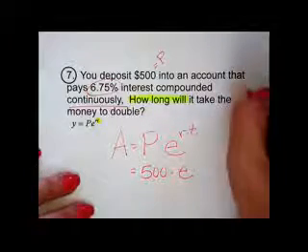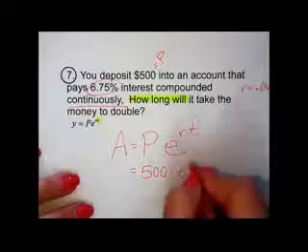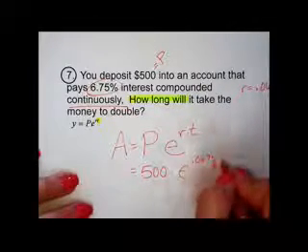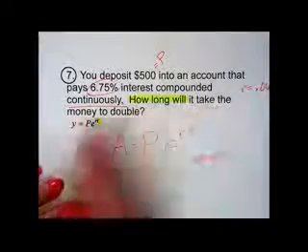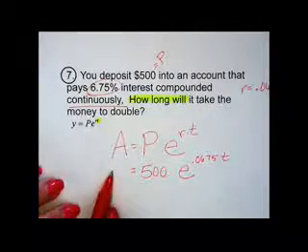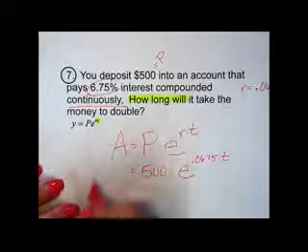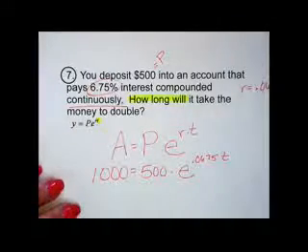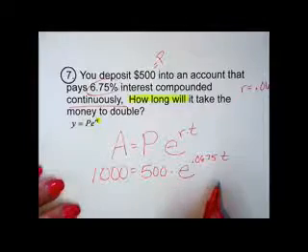So r equals 0.0675 because you have to write it as a decimal. We don't know the time. How long will it take the money to double? So what's the after amount? Well, if we started with 500 and it doubles, we have to end with 1,000. So here's our equation that we need to solve.